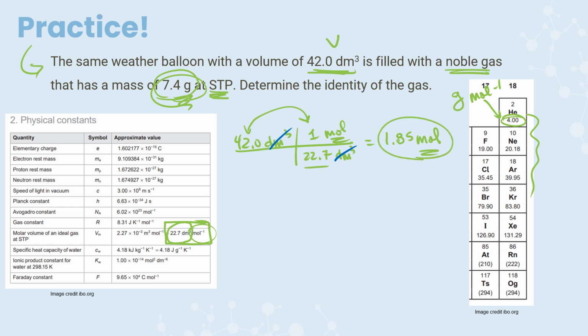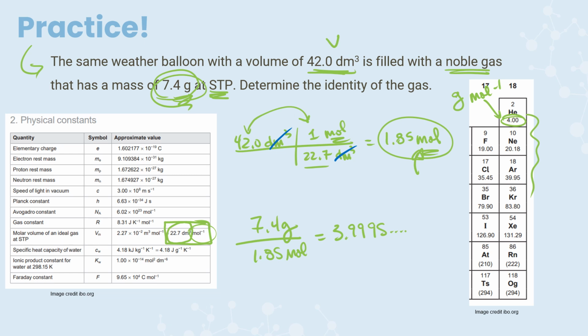I have grams and I have moles. So if I take my number of grams, 7.4 grams, and divide it by my number of moles, 1.85 moles, I'm going to get the molar mass of my gas. 7.4 divided by 1.85 is equal to 3.9995, lots of decimal places.